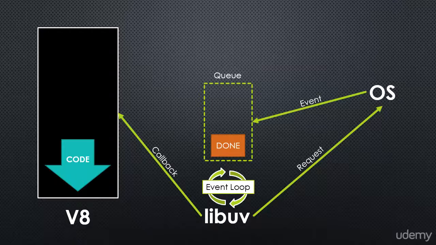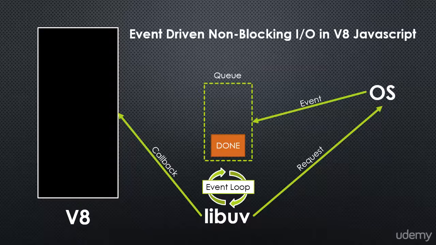And when we talk about Node, sometimes you'll see a tagline that looks something like event-driven non-blocking I/O in V8 JavaScript. Well, we understand that V8 is embedded inside of Node, and that's what's executing the JavaScript code. And we see now when we talk about I/O or input-output that these are things happening at the operating system level, opening files, connecting to databases, and retrieving and sending information over the internet.